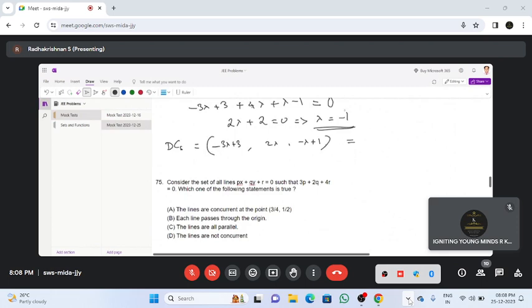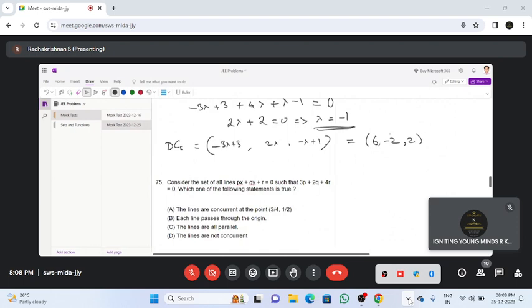So now you have to substitute lambda equal to minus 1. Then you get 3 plus 3, 6 comma minus 2 comma 4.